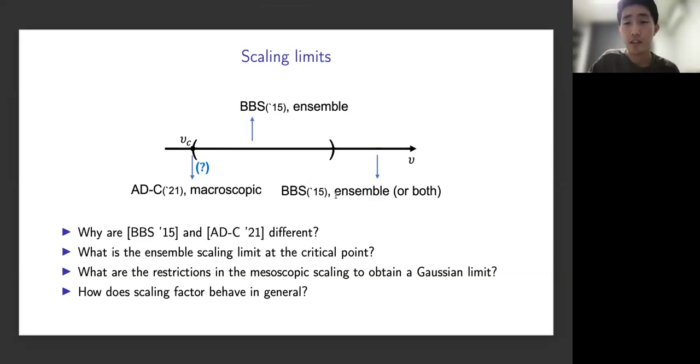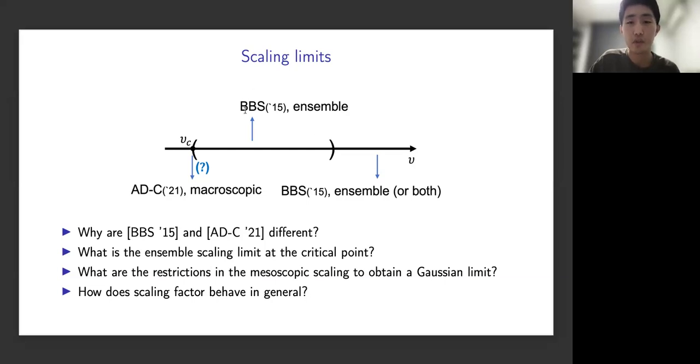So to summarize, we looked at three scaling limits. The first result was for nu strictly greater than nu c, and in that case, for both the ensemble and the mesoscopic scaling limits, white noise was obtained as a scaling limit.